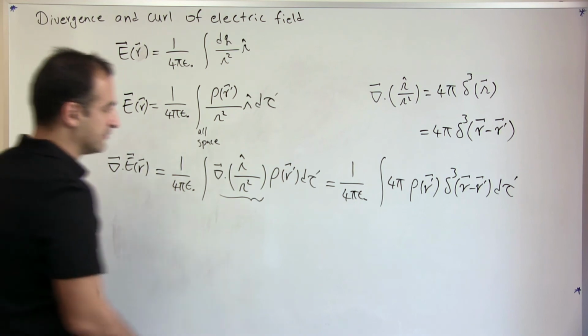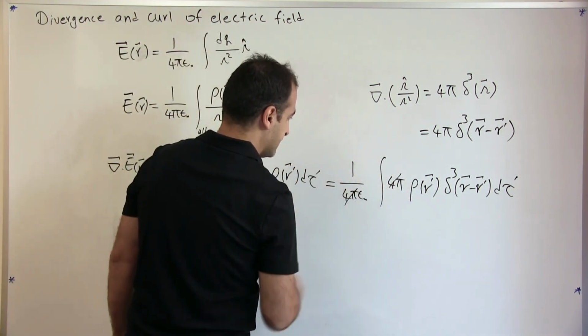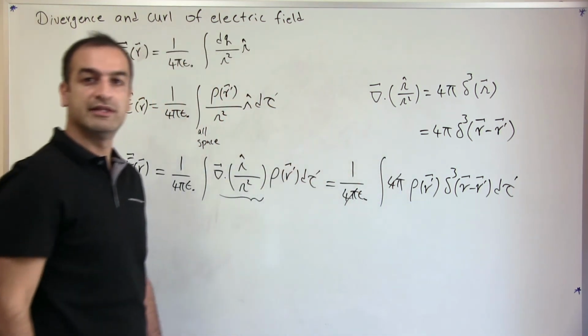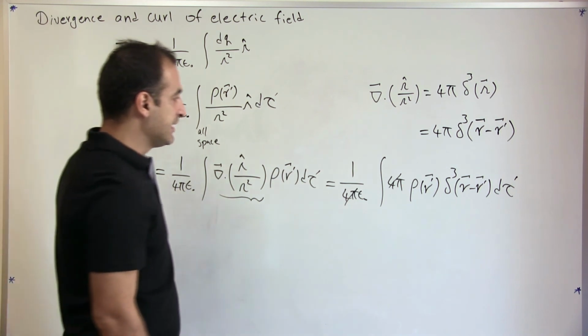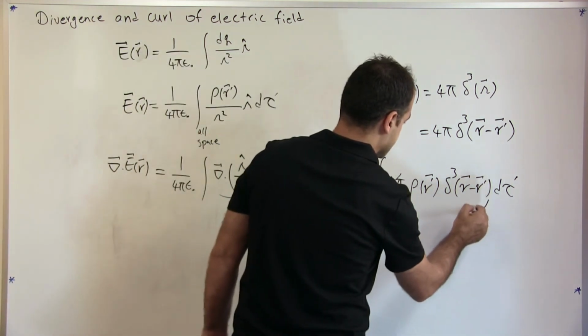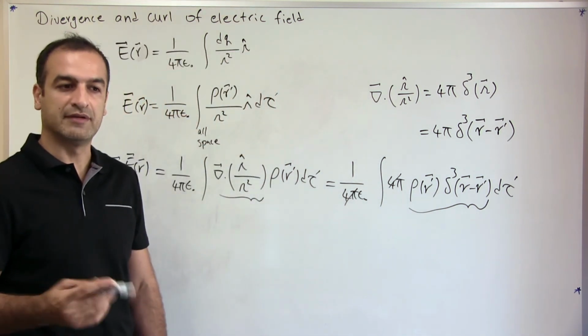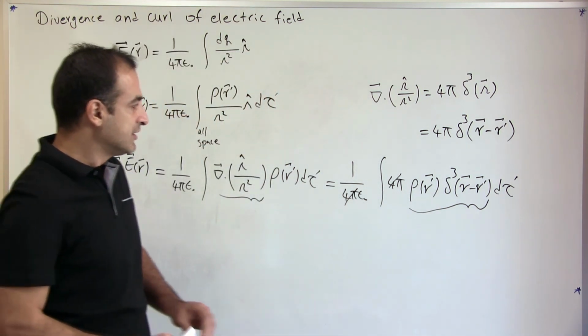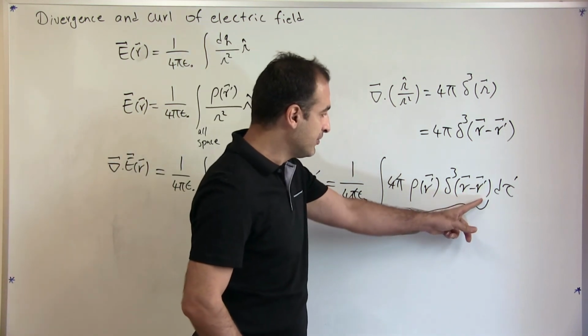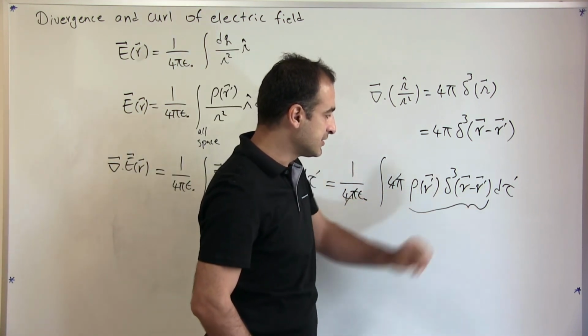Okay, so 4 pi and 4 pi cancel out. We have 1 over epsilon 0 outside the integral. And this is what we can simplify massively following the properties of the Dirac delta function. Dirac delta function is 0 at any point except at r equals r prime.